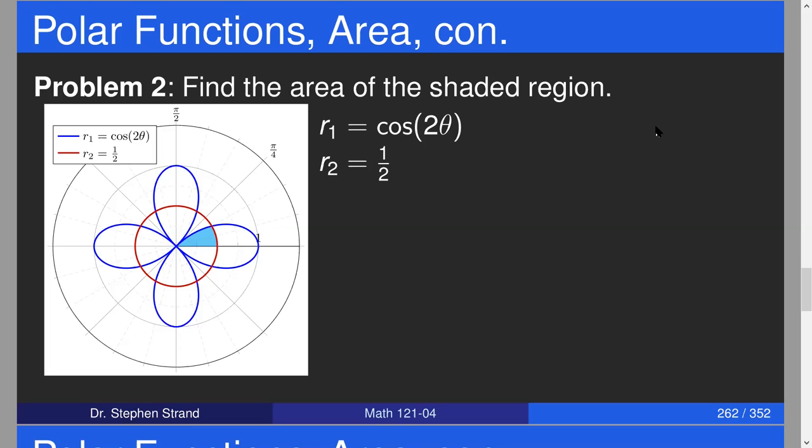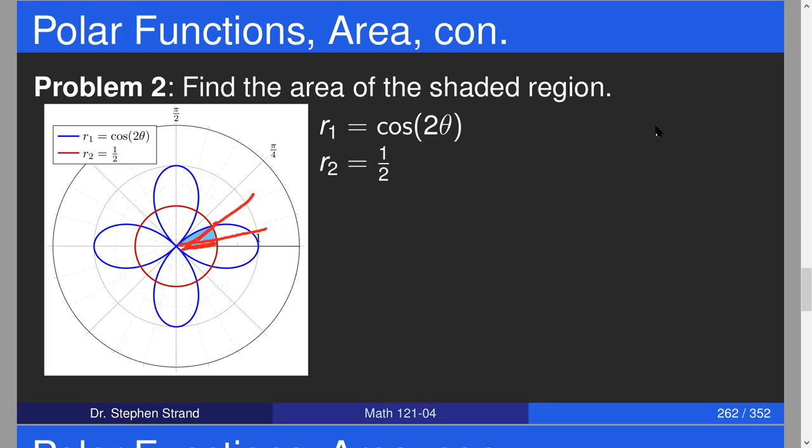Because if you draw this line, actually let me draw that line again, but I'm going to switch to red so we can see this. If you draw this line, the area that we're interested in is actually just the area from the origin out to the red circle. It doesn't really have anything to do with this kind of cloverleaf loop. And then there's this point where the two graphs intersect, this angle.